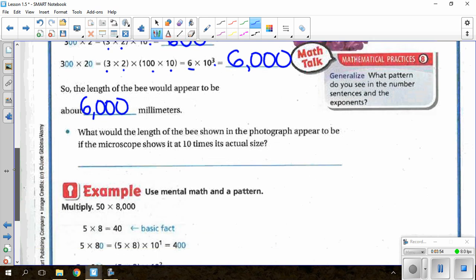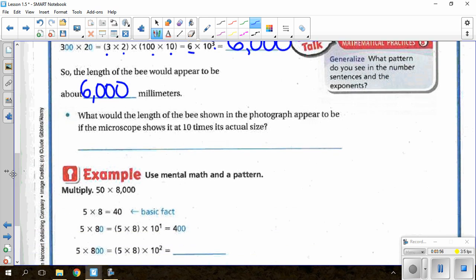So going to the bullet point down, what would the length of the bee shown in the photograph appear to be if the microscope shows it at 10 times its actual size? So remember, ladies and gentlemen, that the actual size was 20 millimeters. And if I wanted 10 times its actual size, I would just multiply that by 10.